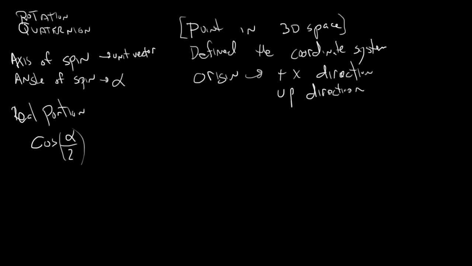And then the vector portion, which is the three-dimensional imaginary vector, is going to be the sine of alpha over 2 times the unit vector of the axis of spin.